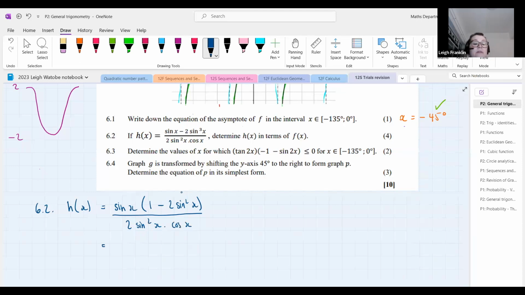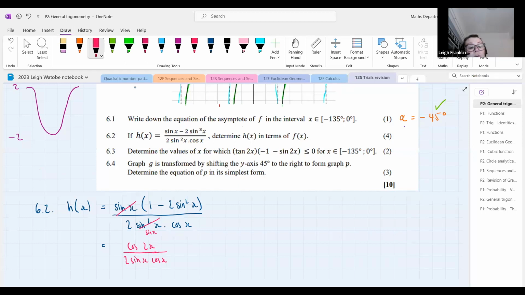All right, so what's the next thing that we think we should do? We can cancel outside of the brackets. Sine x with sine squared x would leave us sine x at the bottom. Also, 1 minus 2 sine squared x is cos 2x. Now at the bottom, we've got 2 sine x cos x.